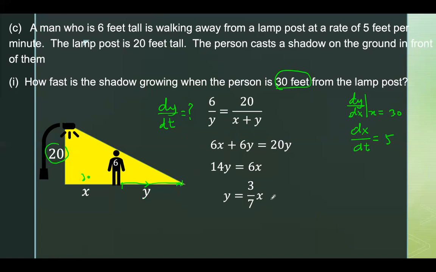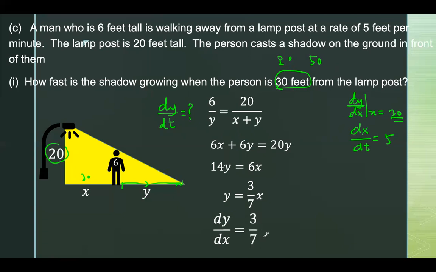Now we want to find dy/dx when x equals 30. When you differentiate, you get 3 over 7. Therefore, the 30 here is meaningless. If I put 20 feet or 50 feet, it will not affect dy/dx, because dy/dx is a constant, 3 over 7.